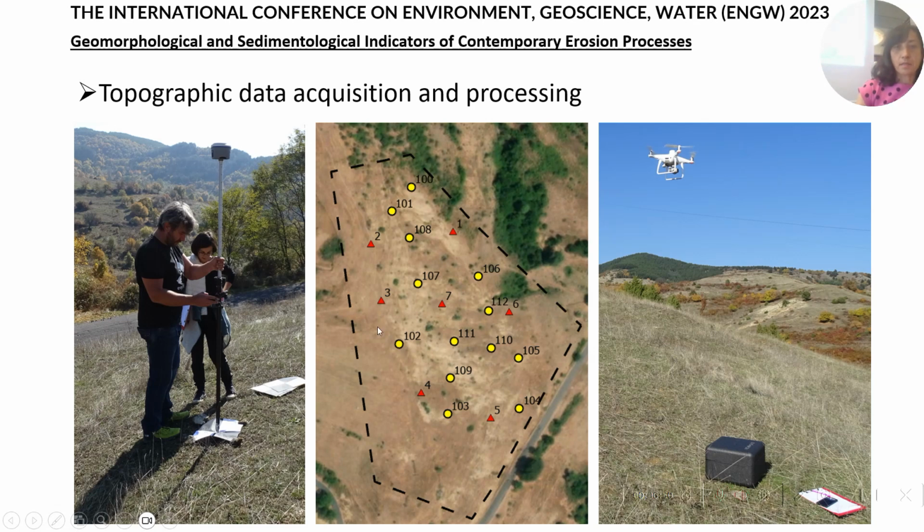They can be seen in this second photo, and we used 6 points as ground control points for georeferencing the model, and the other 14 points are used as checkpoints.